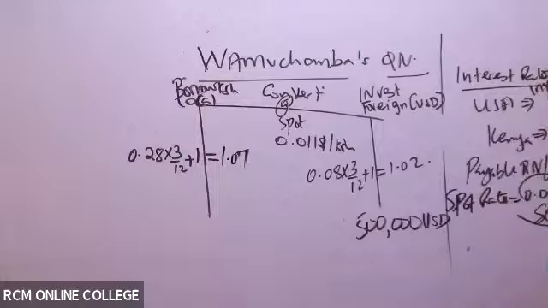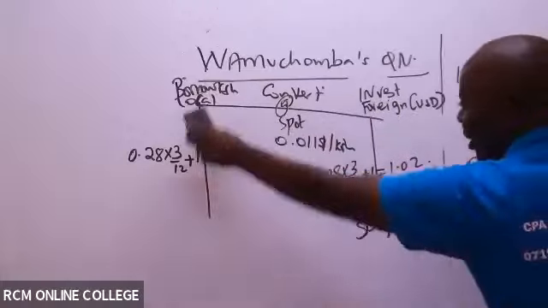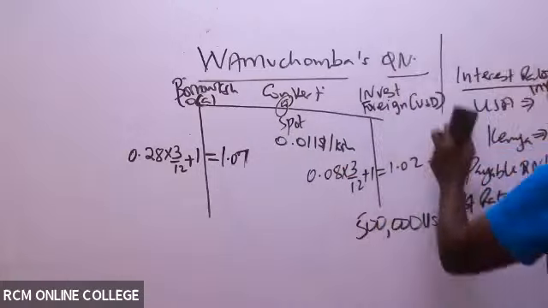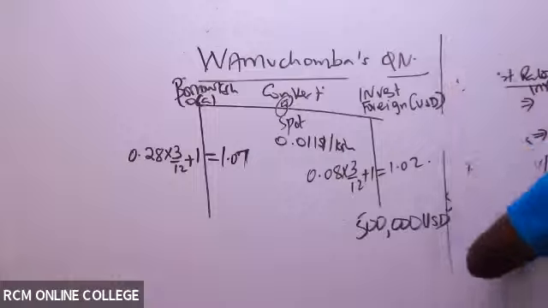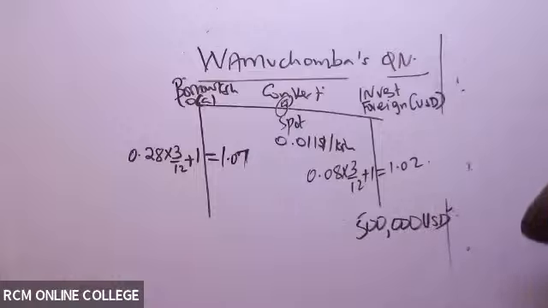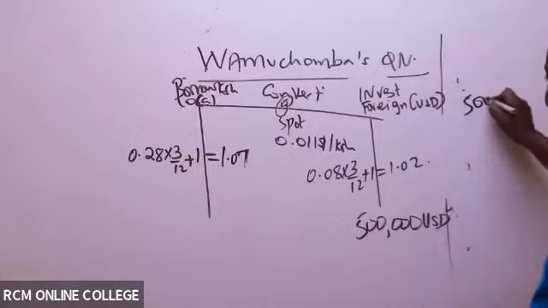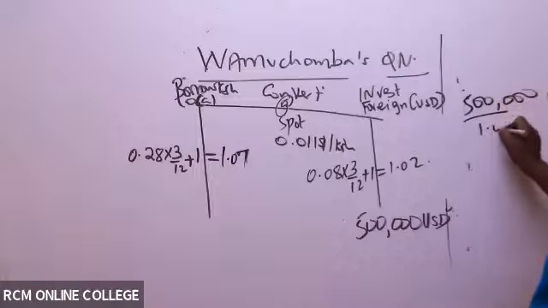Then you start our language now: up. Now you move this money up, across, down. When moving up, we shall always do what? Divide. Up, divide. So 500,000, divide this by 1.02.